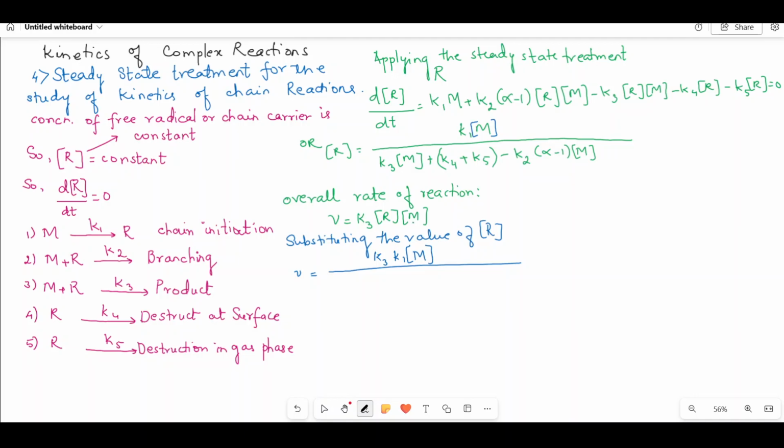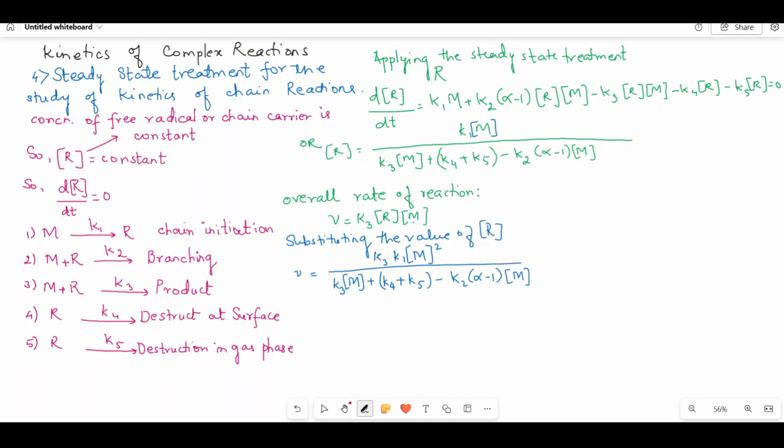It is M here, M here, M here. So it is M square, and down everything as it is: K3 concentration of M plus K4 plus K5 minus K2 alpha minus 1 concentration of M.